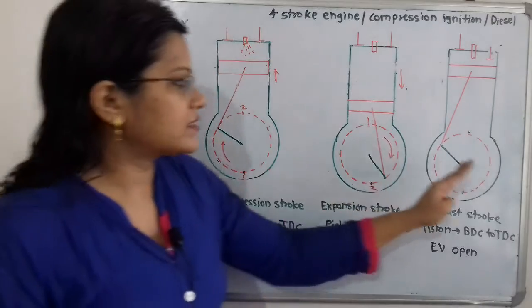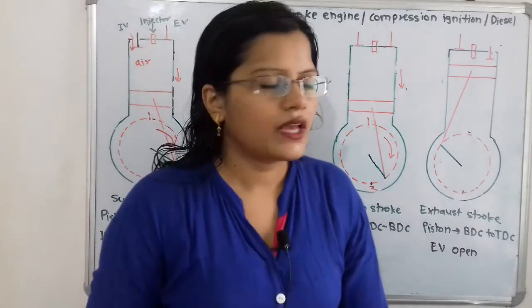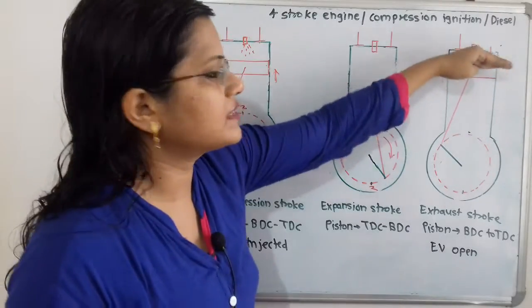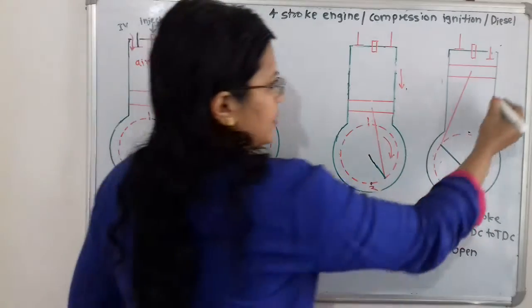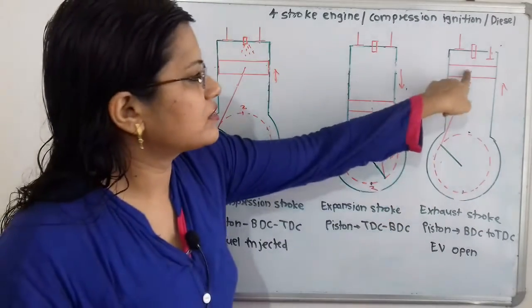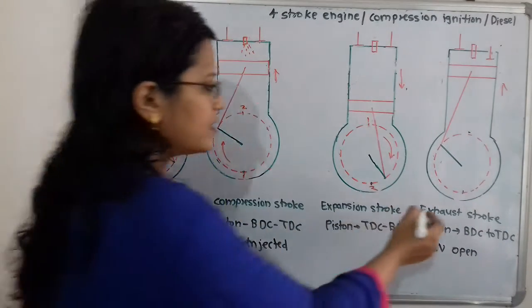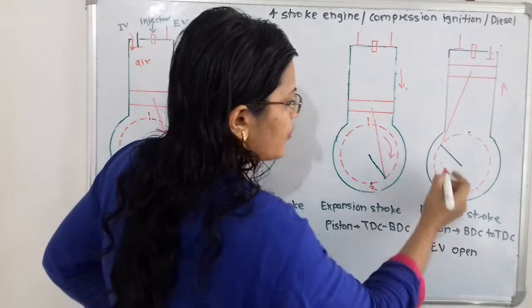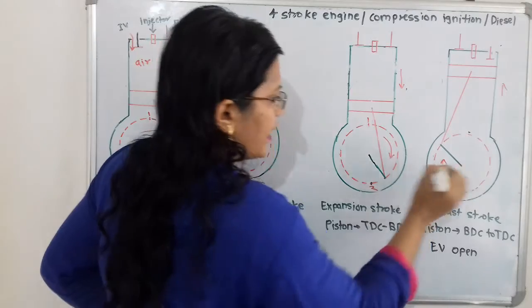Now next is the exhaust stroke. Again the piston is moving from the bottom dead center to the top dead center, that is in the upward direction. The crank is attached to the piston. Here is the initial position. As the piston moves in the upward direction, here is the crank rotation.